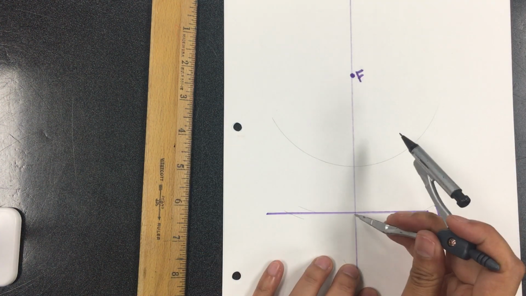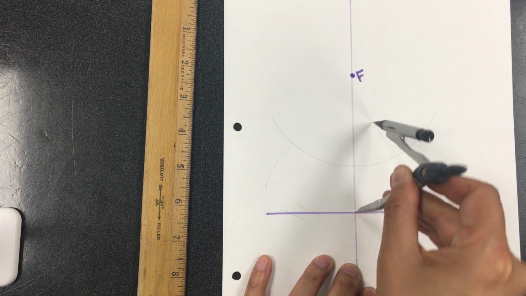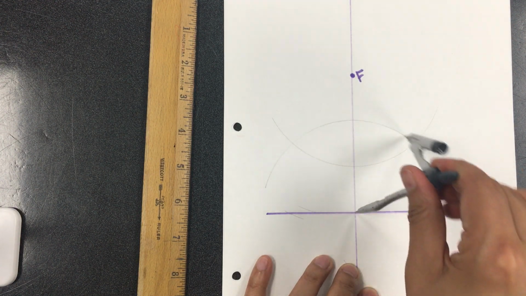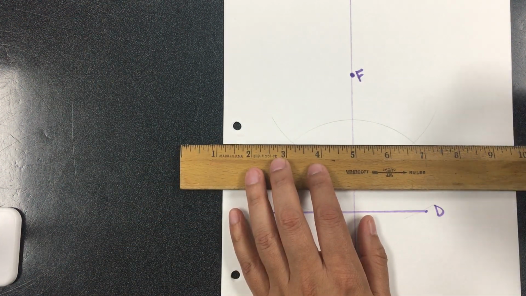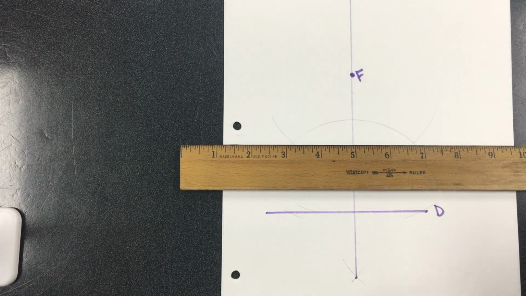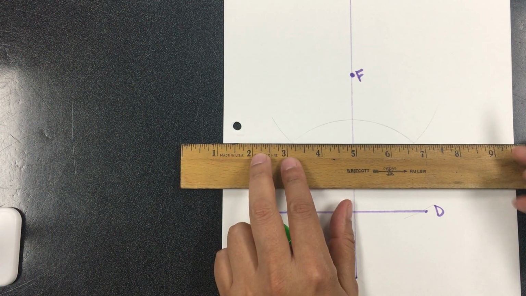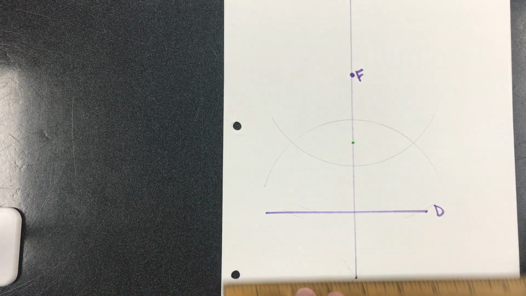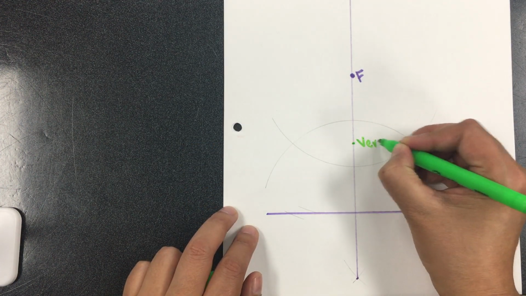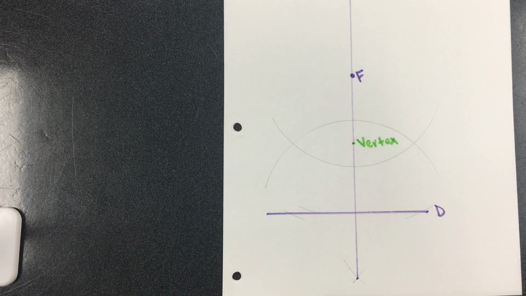Half moon, and I align those intersections to find the vertex. The vertex is right there. Okay, I'm going to label vertex, or just V, it's okay.